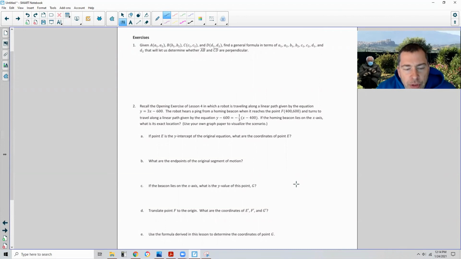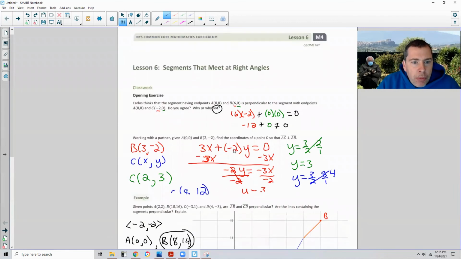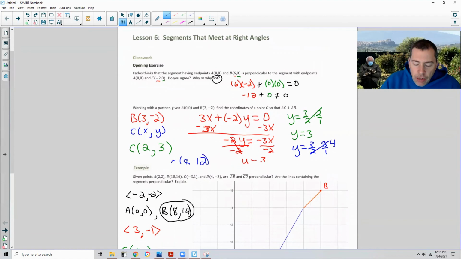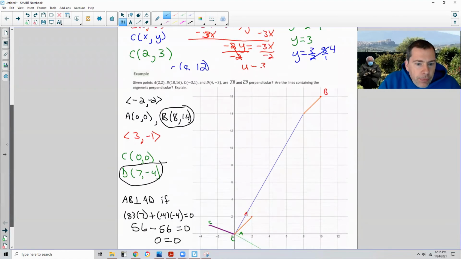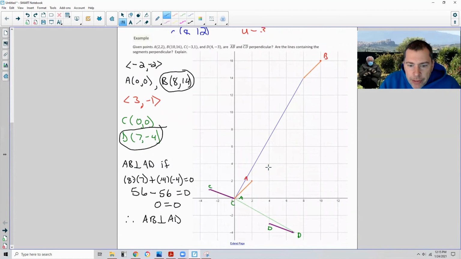And what we're trying to do is find an equation that will work when line segments do not intersect at the origin. So in order to do this, let me go back to the last problem and point something out to you. If you move points like we did in this diagram here, like I moved this segment here, it was at the point 2, 2, comma, 10, 16.